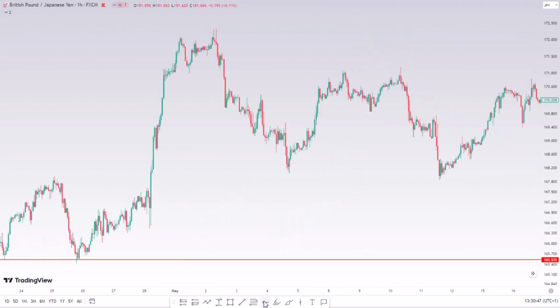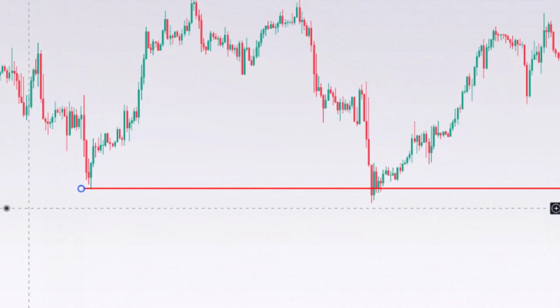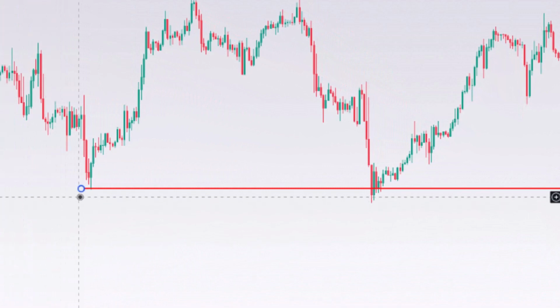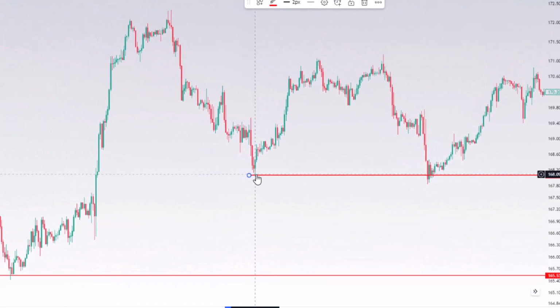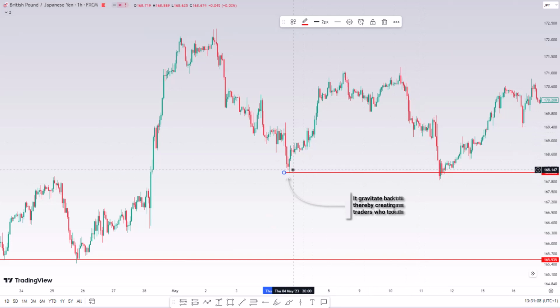Take a look at this phenomenon as well. This low which was created at this level, remember we are in an uptrend. Initially, when this low was created, the market continued to go higher. But the market can no longer continue moving higher since there isn't enough liquidity. Hence, it gravitated back towards this low, thereby creating anxiety in traders who took position at this level.